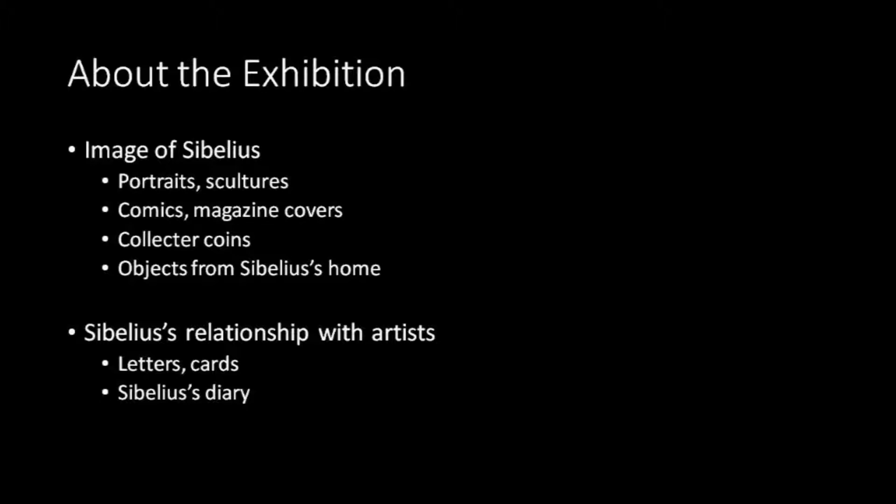Other than the objects depicting the image of Sibelius, there are other materials showing the relationships between Sibelius and artists at his time, for example letters and cards, and Sibelius' diary. Those are of course unfinished, so not all of us can understand, but in the exhibition there are several important quotes translated in English and printed on the walls.